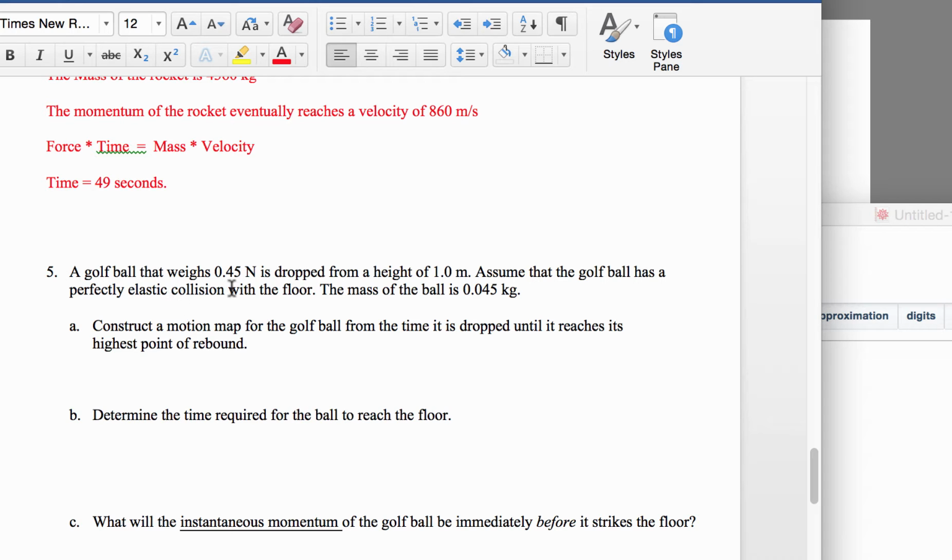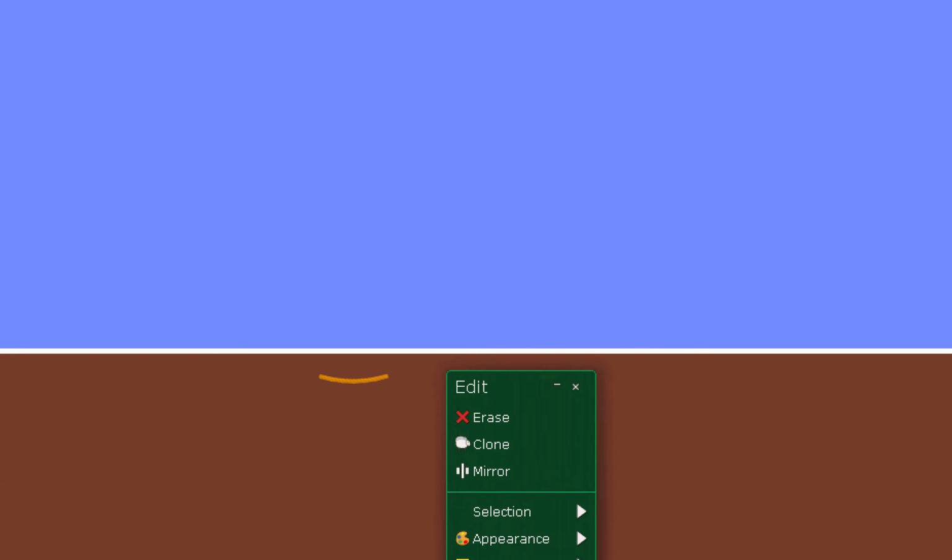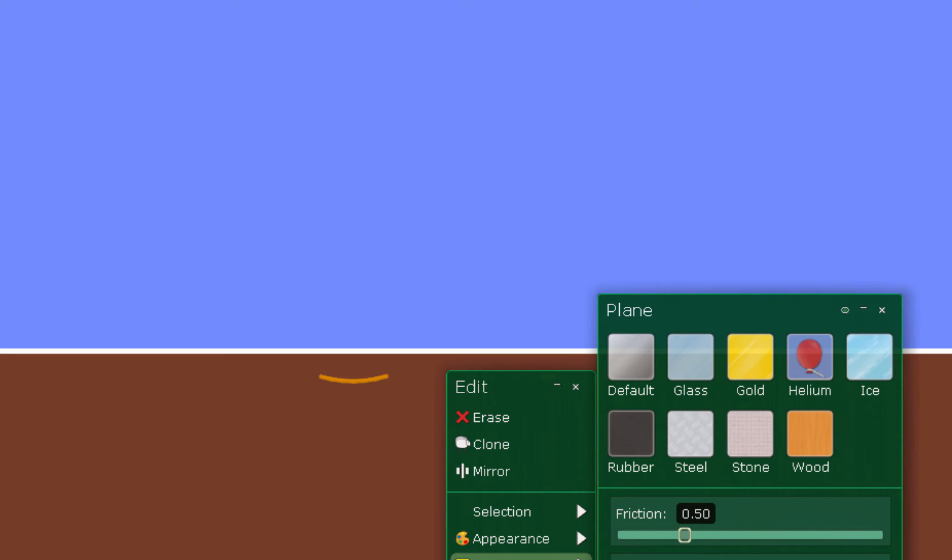Perfectly elastic, that means it's bouncy. I can show that in Algodoo. Let's get rid of this. Let's make sure there's gravity. I'm going to make sure that the floor is perfectly elastic. Restitution of 1.